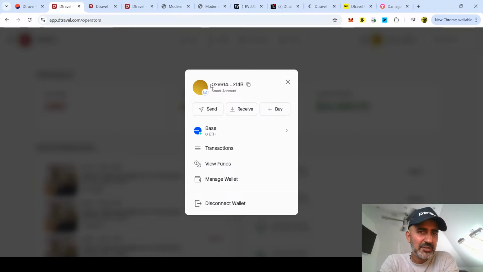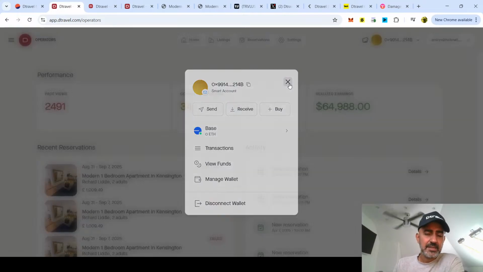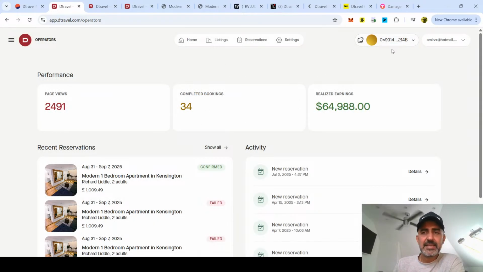It's usually not a large amount, but obviously if Dtravel was to get hacked in the future, there would be no way to guarantee that their wallets won't be compromised. It's the same with an exchange. Any exchange can get hacked too, as we saw a few months ago when Bybit got hacked. So it's basically the same. I hope that answers that.